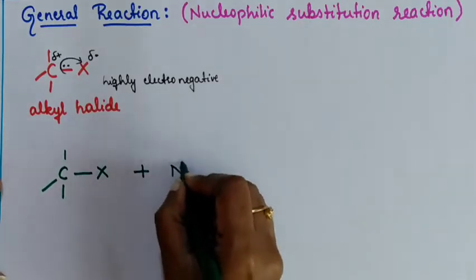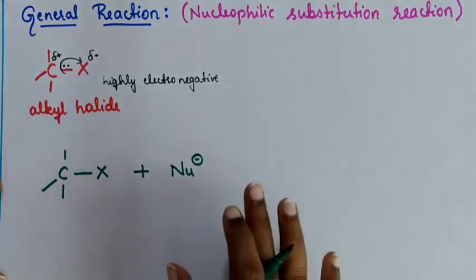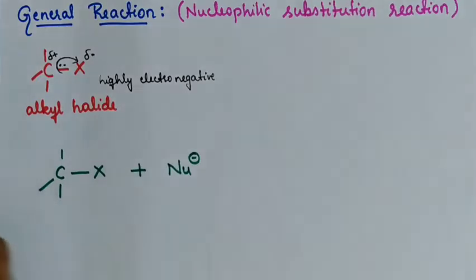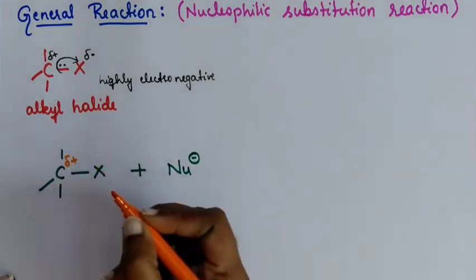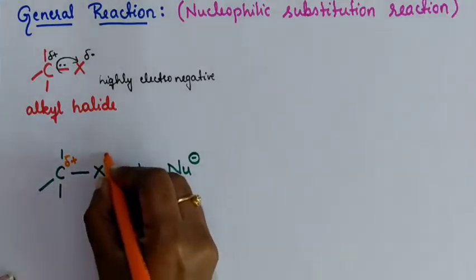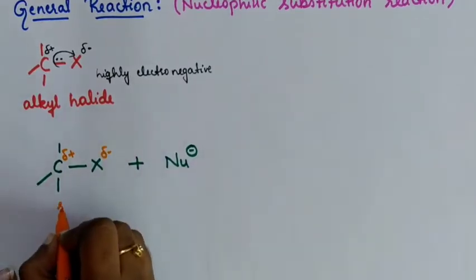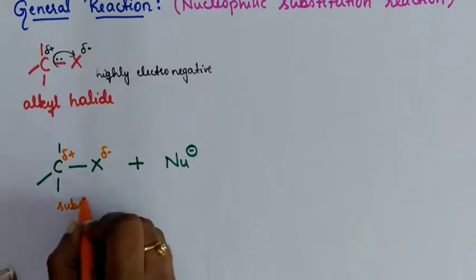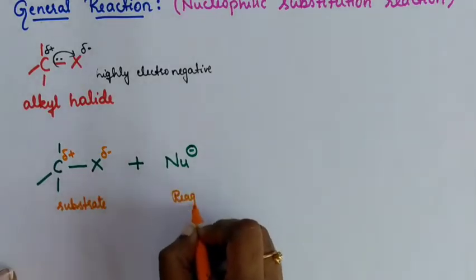We write Nu minus, the general representation. When the nucleophilic substitution reaction takes place, we know that carbon is going to have delta positive charge and halogen will have delta negative charge. The alkyl halide is the substrate and this nucleophile is the reagent.